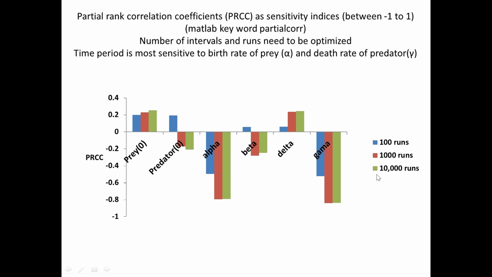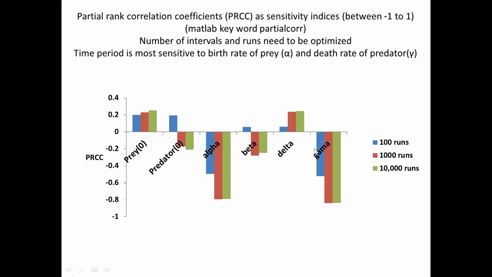But you'll see that after a while the values more or less stabilize. So that's the number of runs you should choose to identify the correct PRCC value. Okay, so from this plot you can see that the output, which is the time period of oscillations, is most sensitive to the value of alpha and gamma.